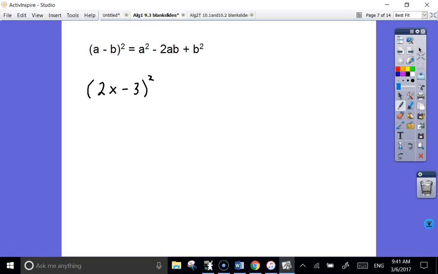B is 3. So let's see. This is the a, and this is the b. So we're going to say that's 2x squared minus 2 times 2x times 3, not negative 3, times 3, and then plus 3 squared.